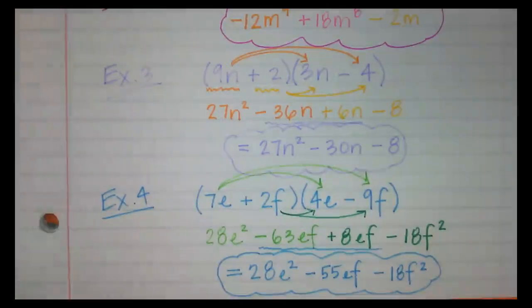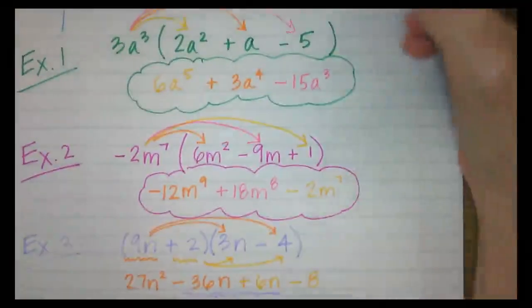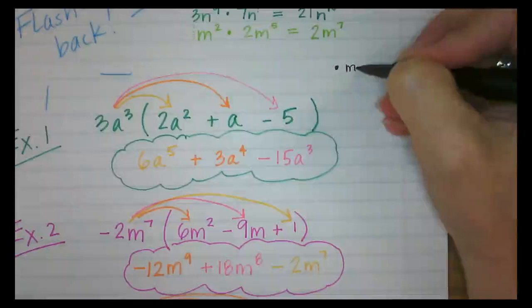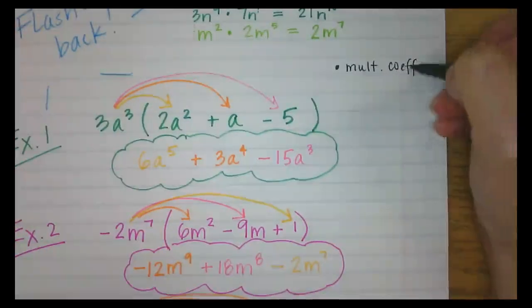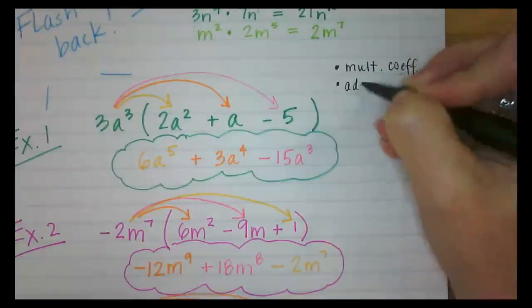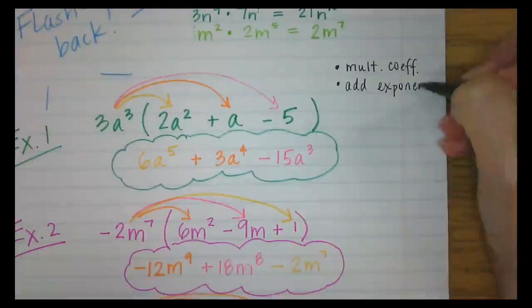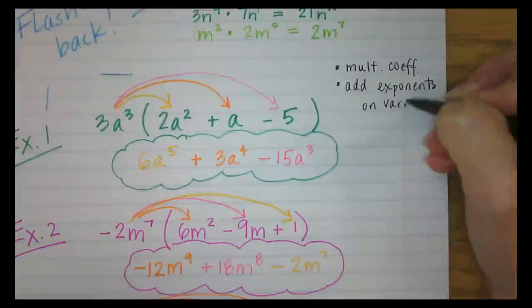So when we multiply polynomials, I'm just going to put some bullet points out here. We're going to multiply the coefficients. We're going to add the exponents on the variables.